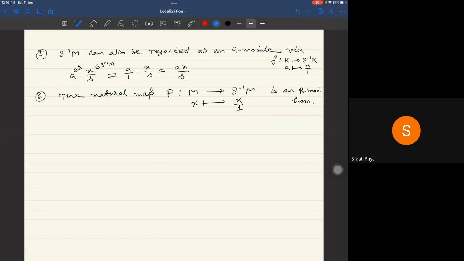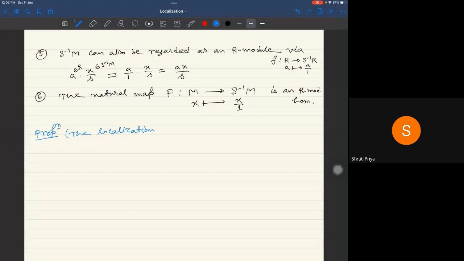Let me first give this proposition and then we'll discuss. The process of localization can be considered as a functor.